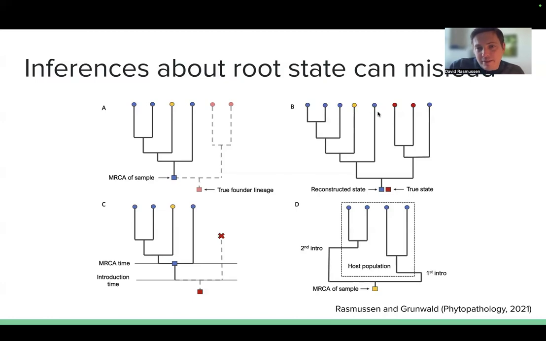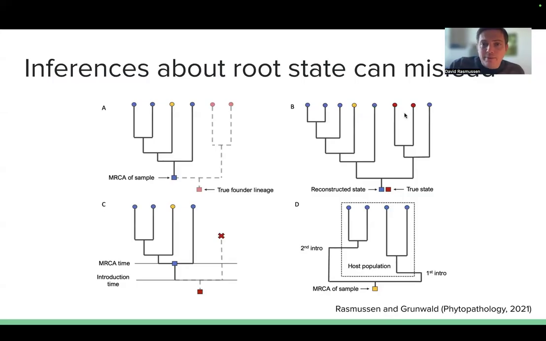Another thing that can happen is we might actually sample the true origin location, but depending on exactly which lineages we sample, we might just get unlucky and reconstruct the wrong root state, even though we have samples from that population.